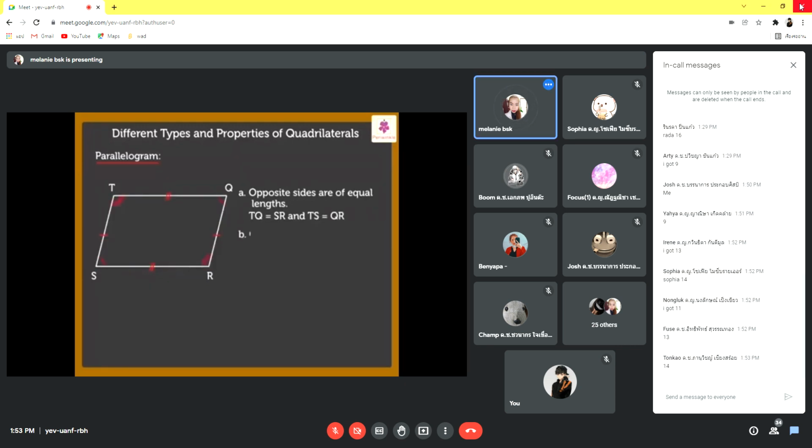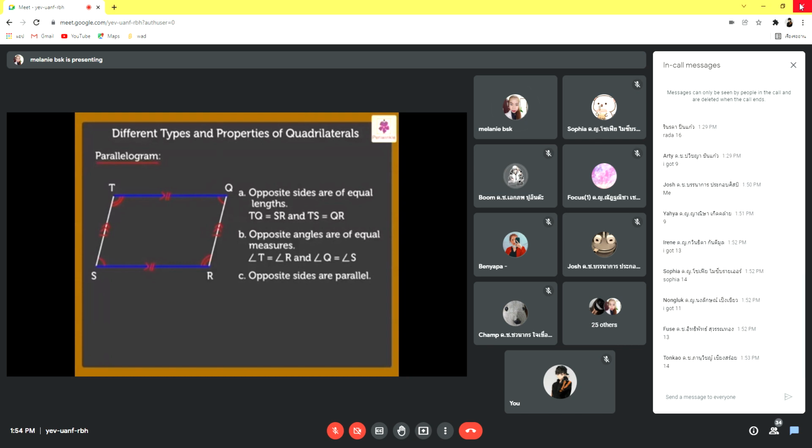B. Opposite angles are of equal measures. That is, angle T is equal to angle R and angle Q is equal to angle S. C. Opposite sides are parallel. That is, TQ is parallel to SR and TS is parallel to QR.